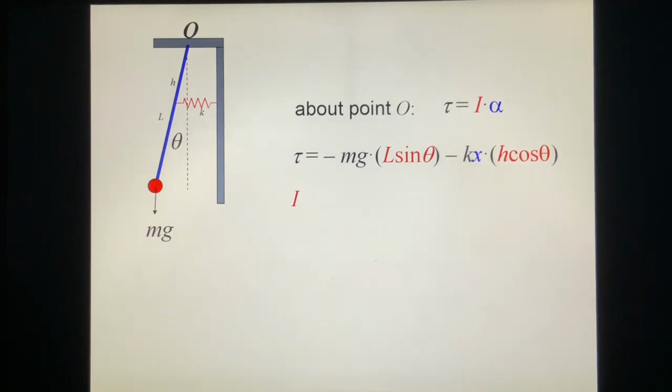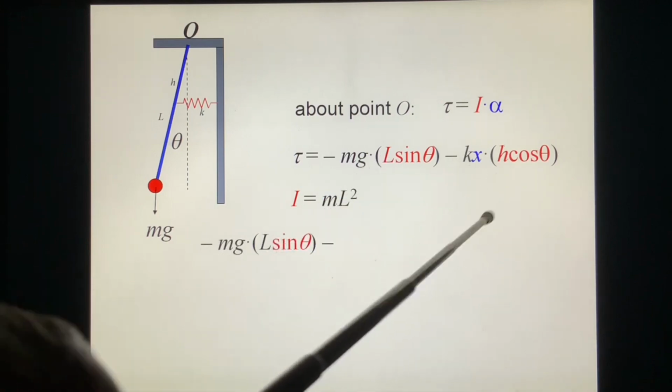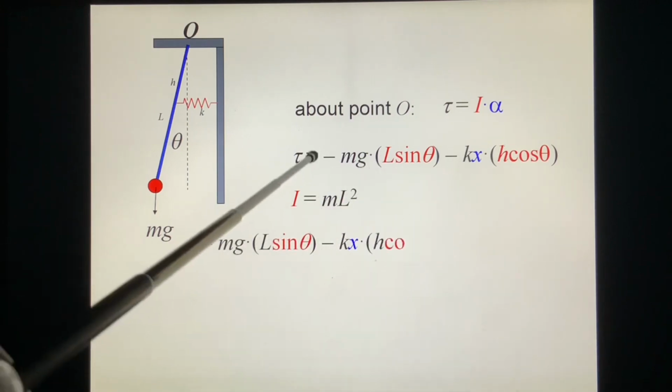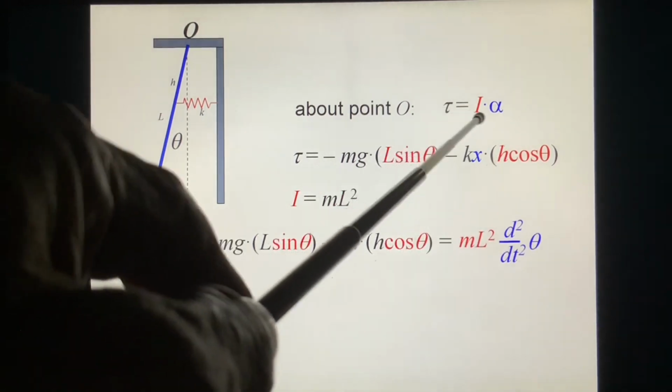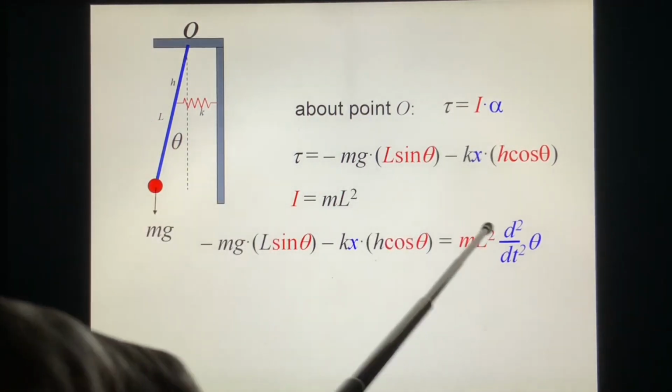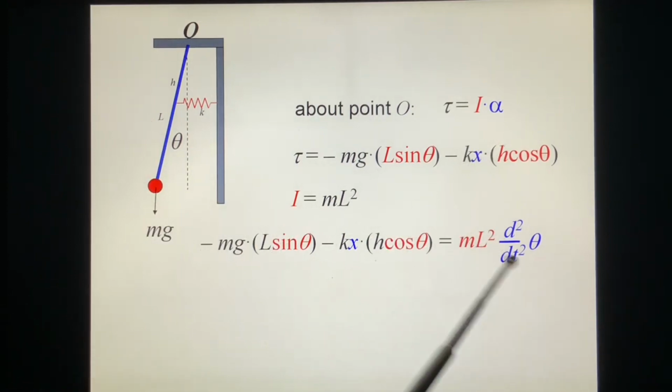When theta is very small, this I is ml squared. Very easy. Okay? So we put this inside. We get tau, these two terms, equal to I alpha. I is ml squared, and alpha is the second derivative of theta.